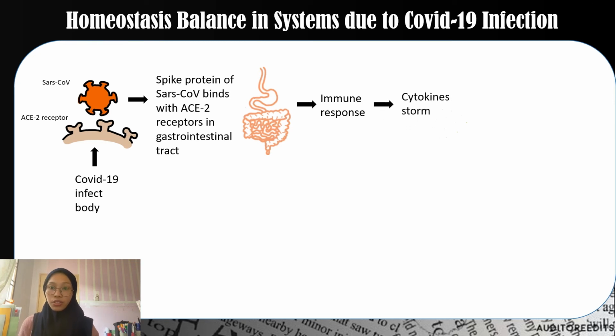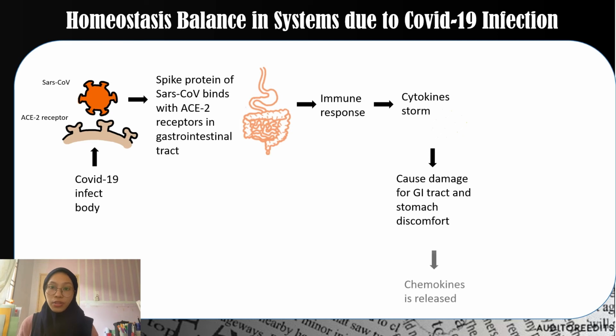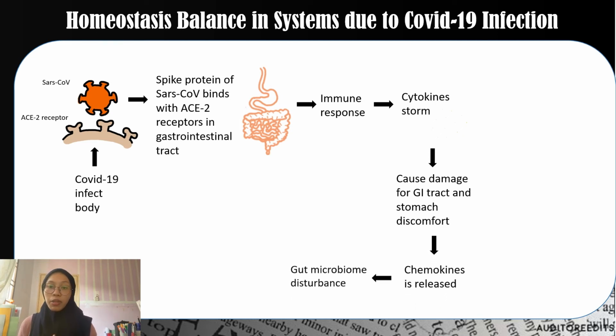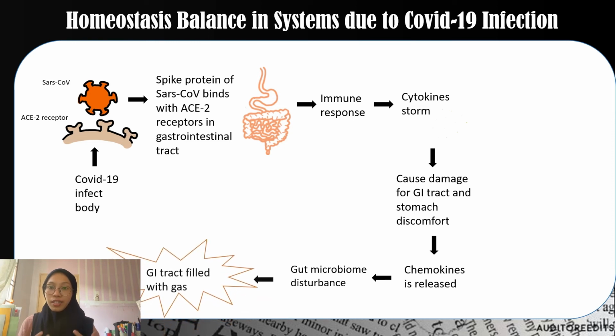So the cytokine storm can cause damage to the gastrointestinal tract and stomach discomfort. As a result, chemokines are released, and this leads to disturbance of the gut microbiome. One of the disturbances of the gut microbiome is irritable bowel syndrome, which leads to the gastrointestinal tract filling with gas.